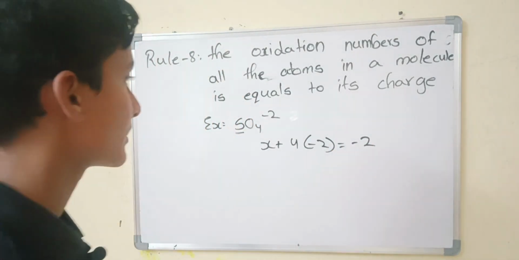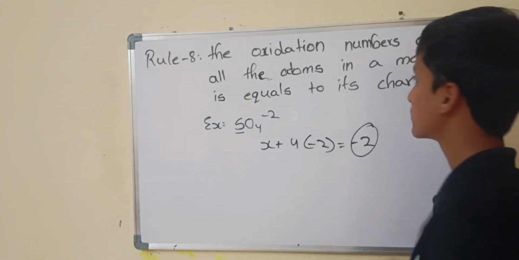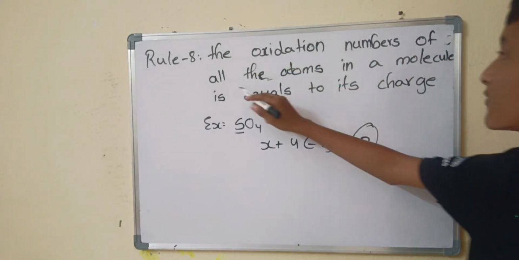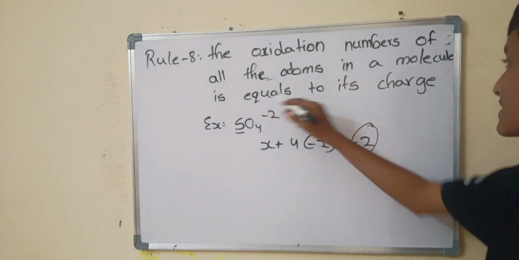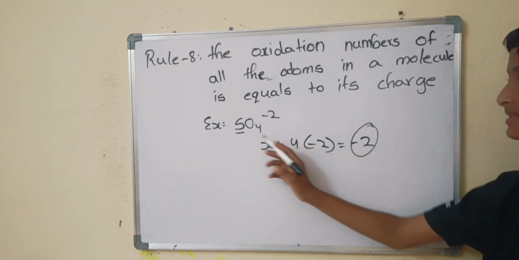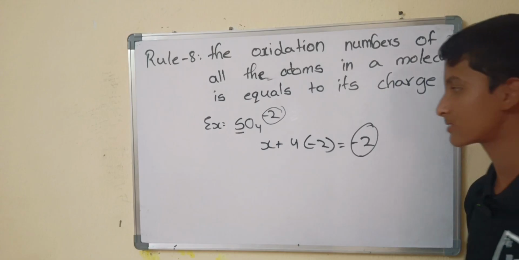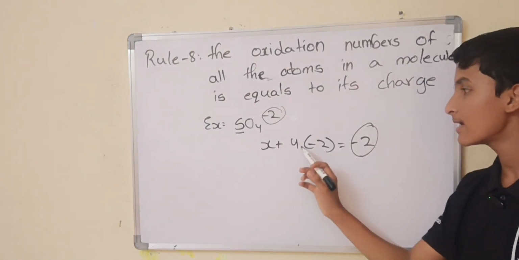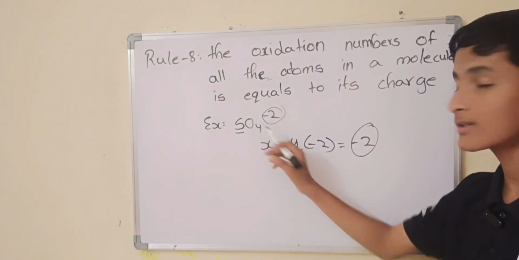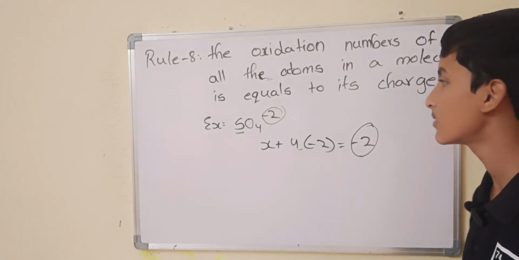Why here minus 2? The oxidation numbers of all the atoms in a molecule is equal to its charge. The charge of SO4 minus 2 is minus 2, that's why equal to minus 2. And why here 4? Oxygen has 4 atoms, that's why 4.